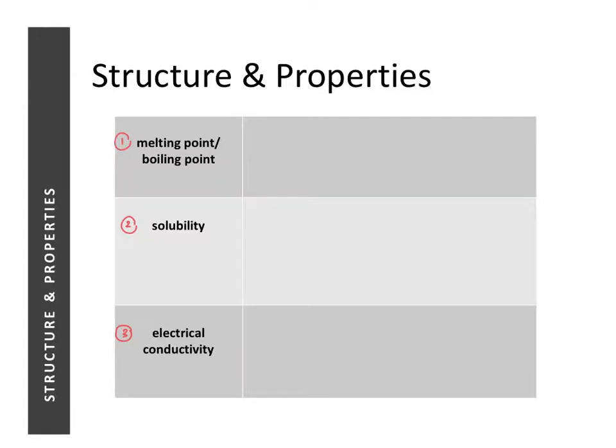So with that you can predict that ionic compounds have high melting points and boiling points. For substances with high melting points, at room temperature, you can imagine that they exist as solids. So most ionic compounds exist as solids at room temperature.